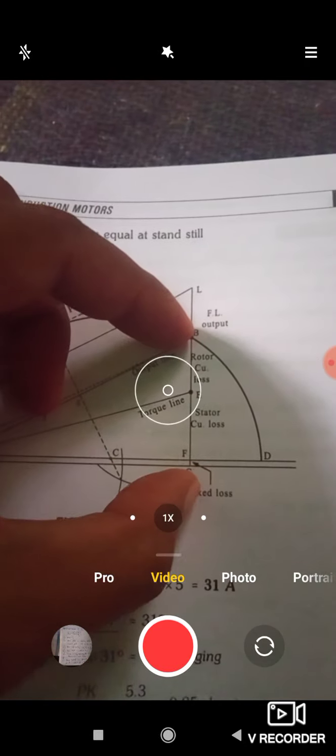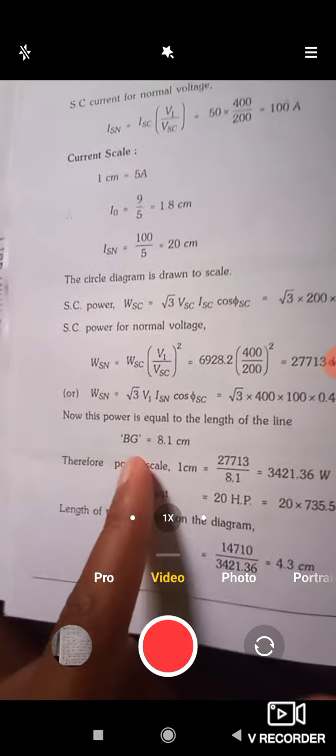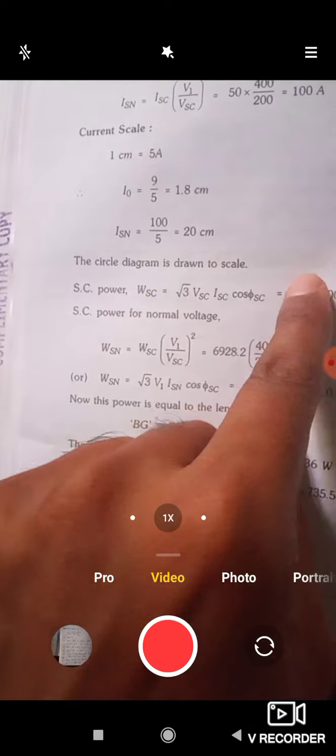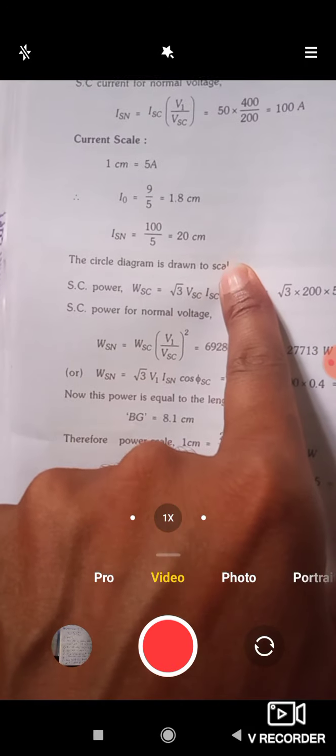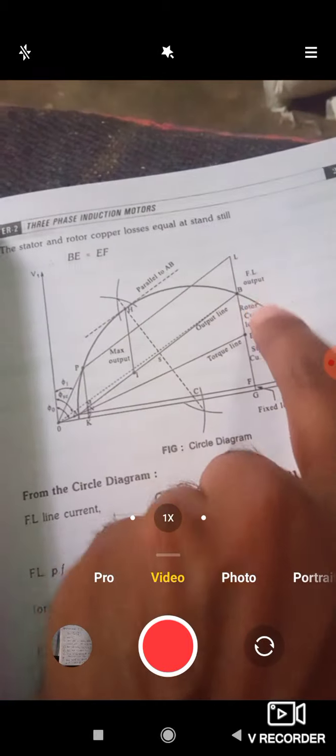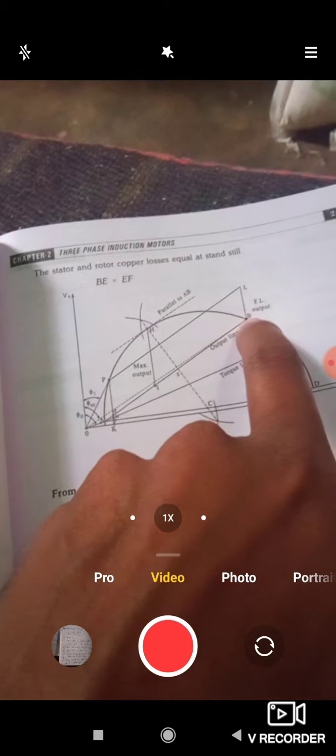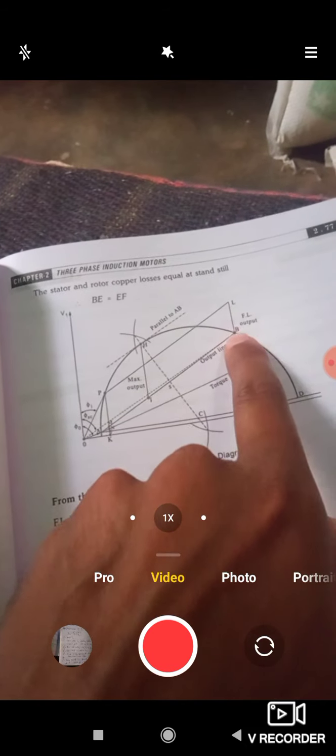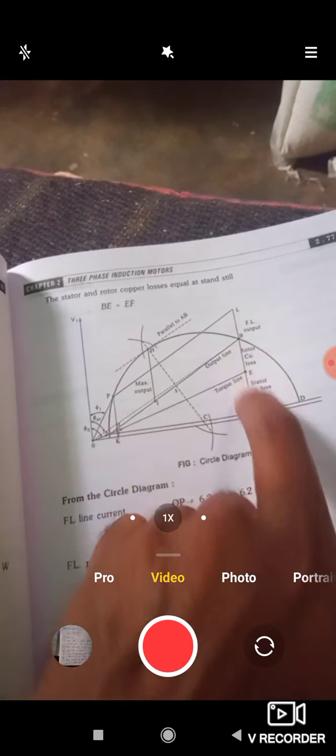Before finding the power scale, after selecting the current scale, we have to draw the circle diagram, the whole of the circle diagram except the BL portion. Before proceeding further, up to points B and G, we have to draw the circle diagram before finding the power scale.